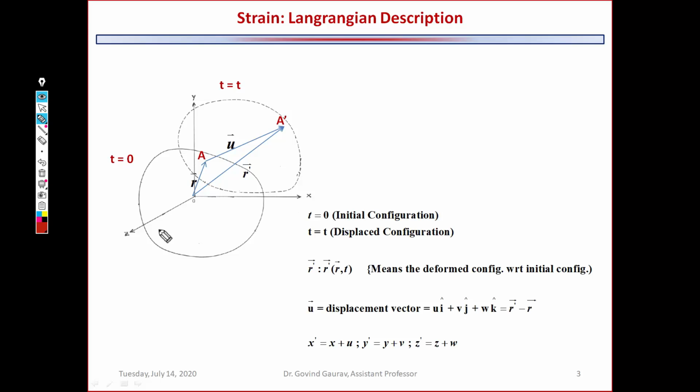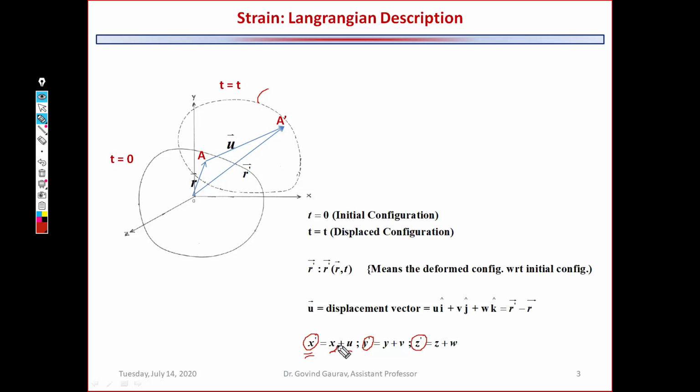Now we need to define the deformed state of the body, the coordinate system. The coordinates x dash, y dash and z dash lie on the body at time t is equal to t, shown by the dotted lines. So the displacement with respect to the initial coordinate system is given by x dash is equal to x plus u.